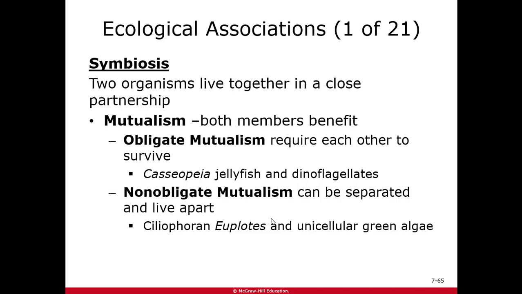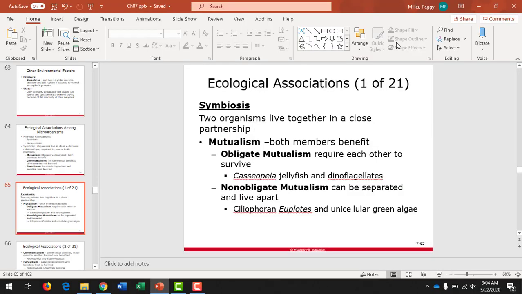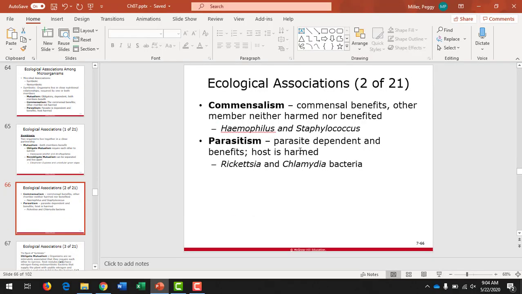Now, on here, at the top it says 1 out of 21. These are the next 21 slides. These next 21 slides all are really taking a look at figure 7.13 in your book. It has a lot of these different types of relationships and lots of different examples of mutualistic relationships, parasites, commensalism, specific obligate mutualism, and lots of pictures.